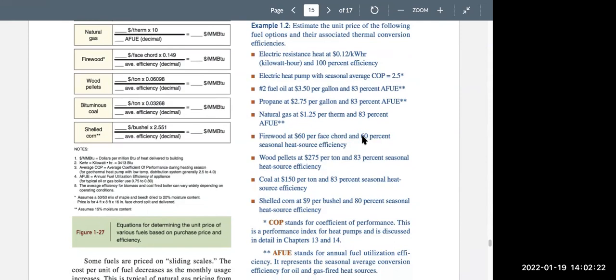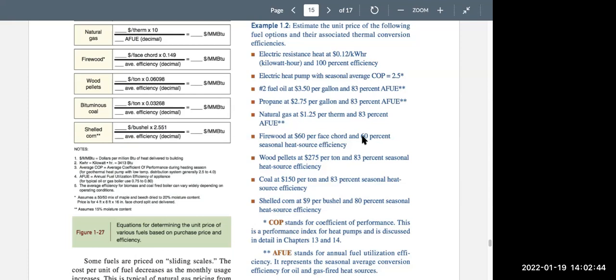Wood pellets, $275 per ton. Then we see coal. Coal is $150 per ton. And then lastly, shelled corn is $9 per bushel.